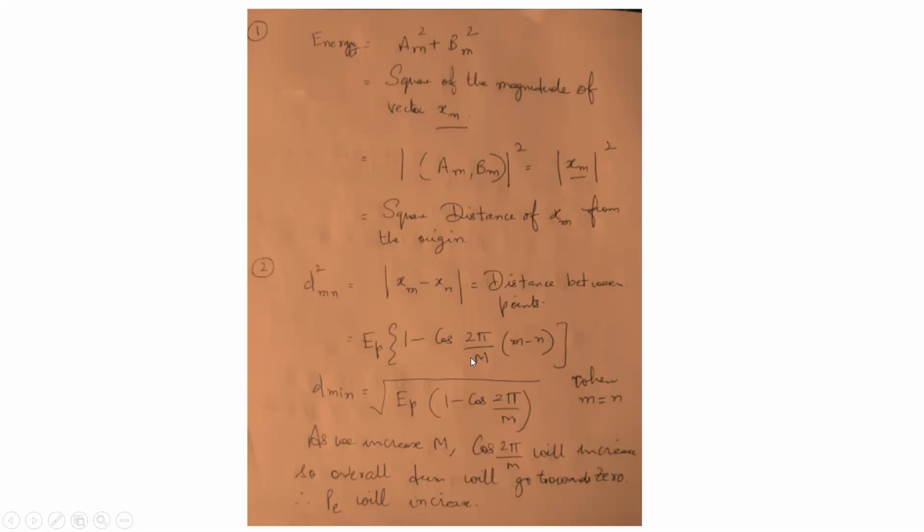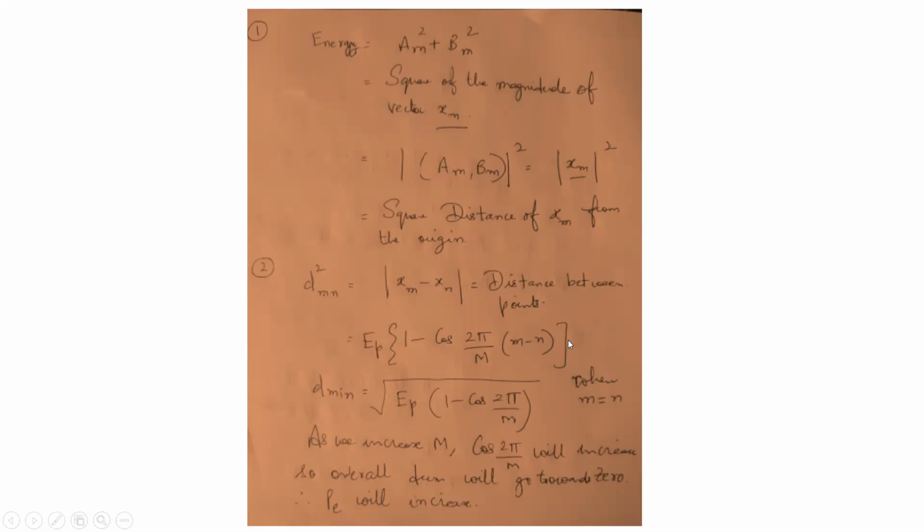Now, when will this distance be minimum? This distance will be minimum when the 2 points are adjacent to each other. That means the difference of m and n. What is the meaning of the difference of m and n? These are two different points. So when the 2 points are neighbors of each other, because these are indices only, the difference m minus n is equal to 1.